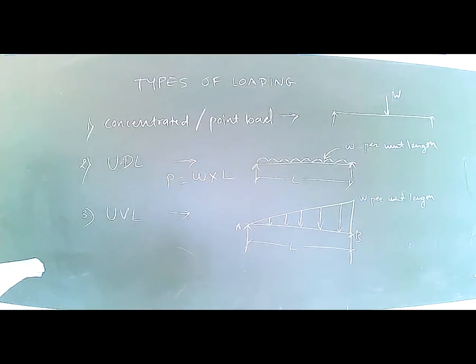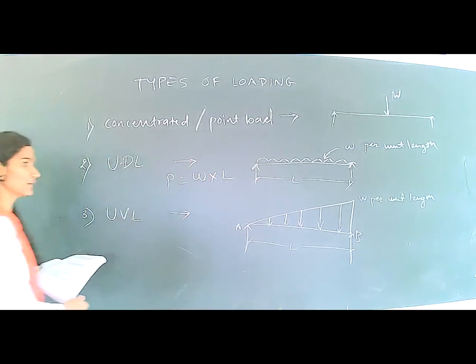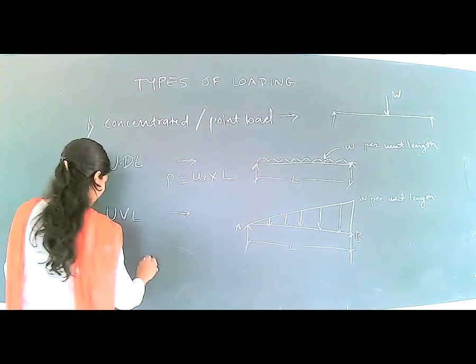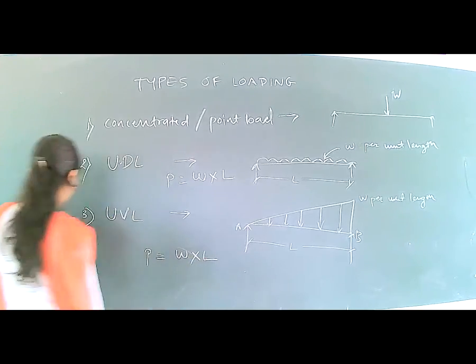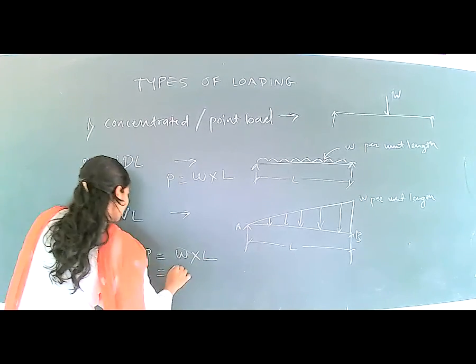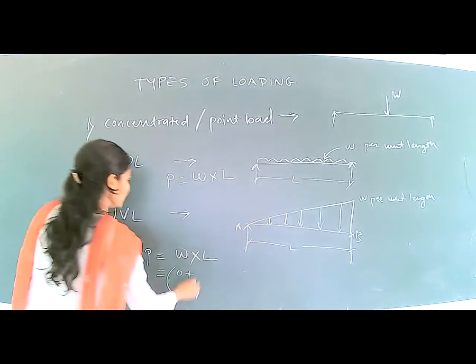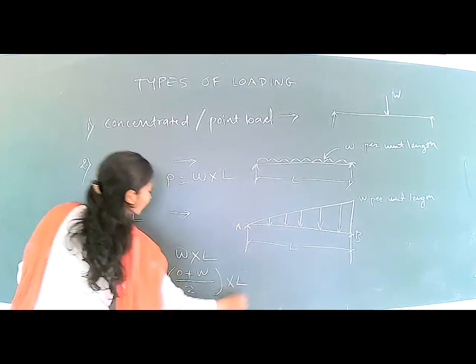Uniformly varying load, up to a span of capital L, which is the length of the span. You can convert it into a point load, that is, intensity of load into the length. So from point A, 0, up to point B, that is W, divided by 2 average, into the length.